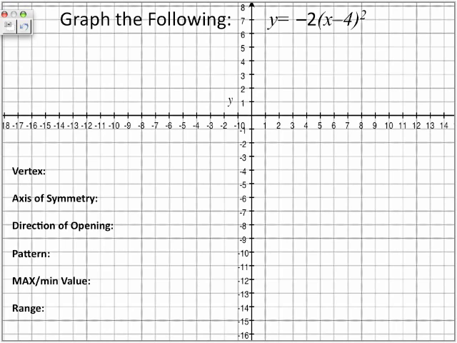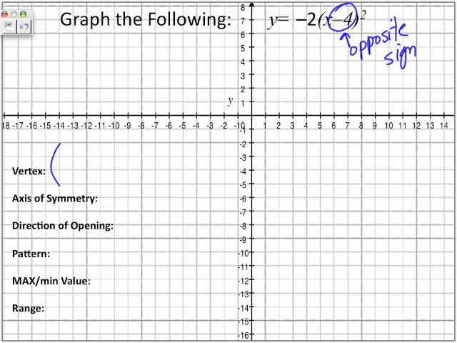Now, in terms of the vertex, whenever we have it in this format, whatever's within the brackets, we're going to reverse, so it's the opposite sign.